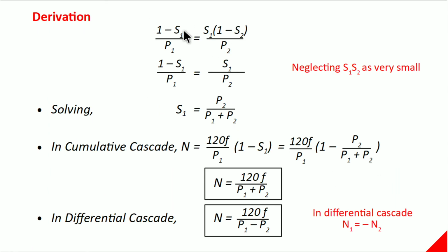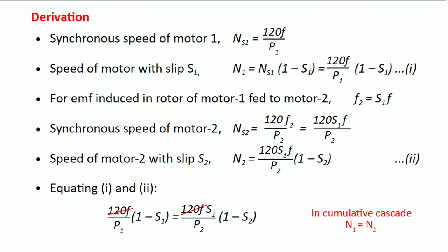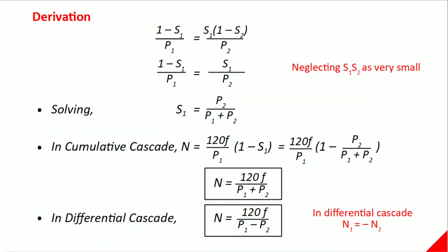Now 1 minus S1 over P1 is equal to S1 into 1 minus S2 over P2. This is the remaining part of the equation, so we have taken it here.